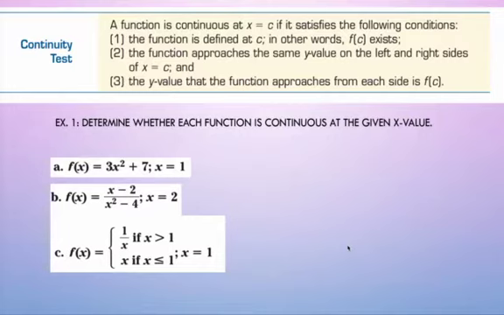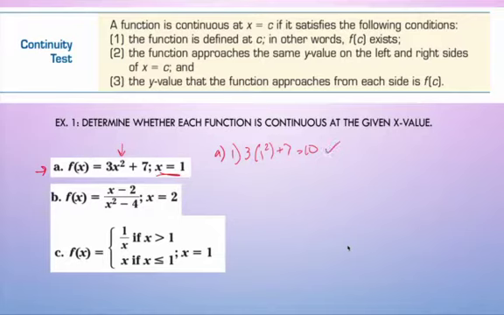So for A, step 1, is the function defined at x equals 1? Can we plug 1 in here? So 3 times 1 squared plus 7 is 10. So pass step 1.